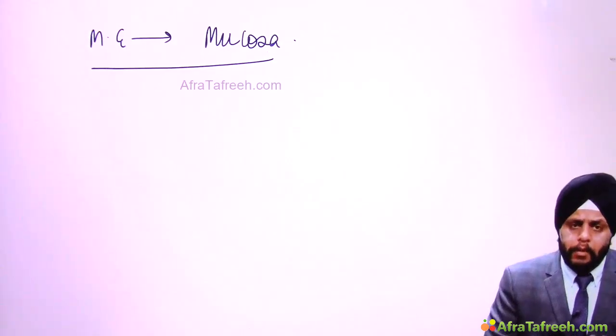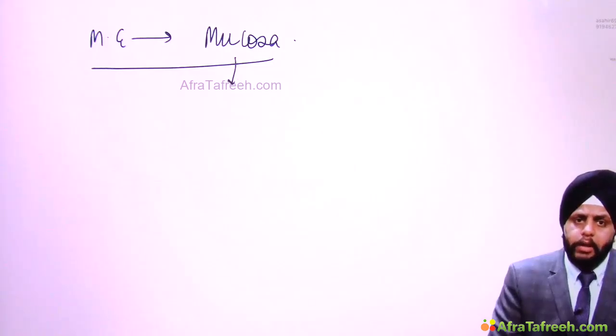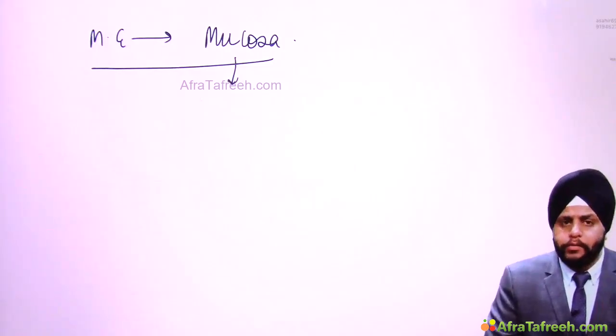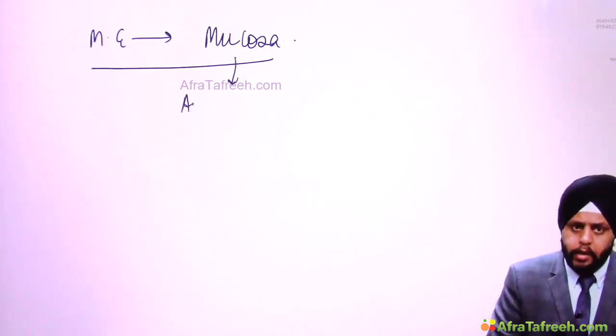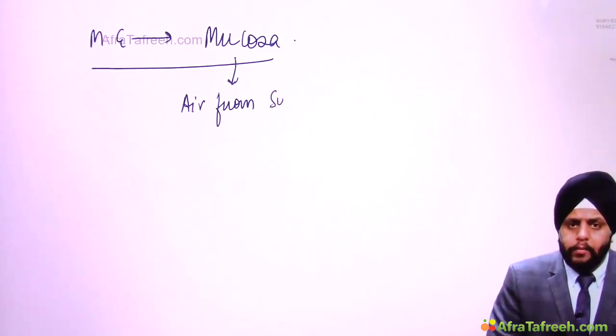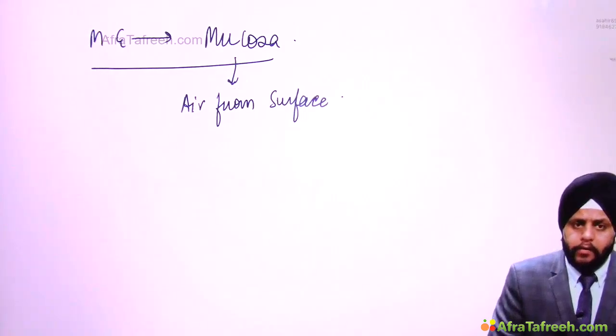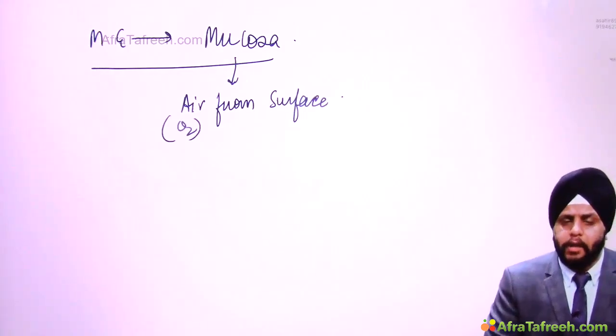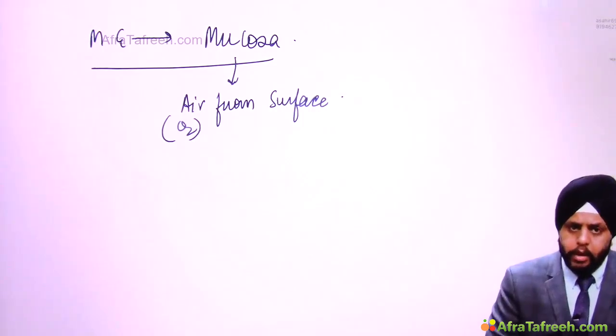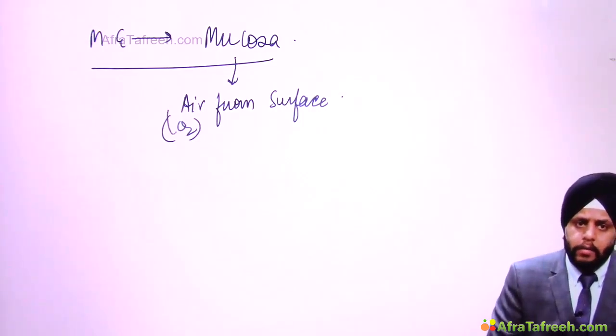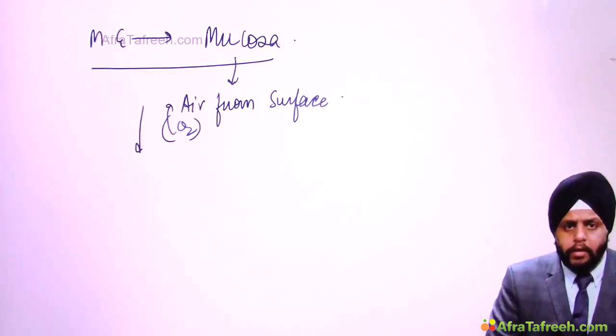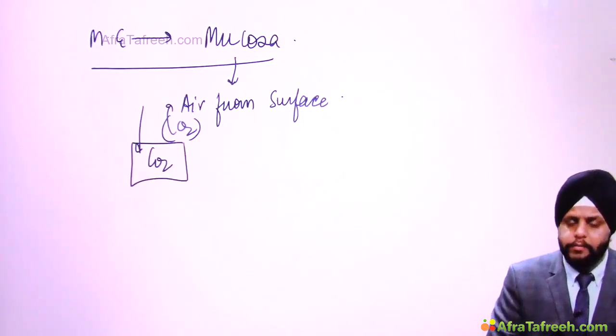Now, the mucosa has a property that it absorbs oxygen from the atmosphere, from the surface. So there is a gas exchange that takes place at the surface of the mucosa. It will take in oxygen and give out carbon dioxide.